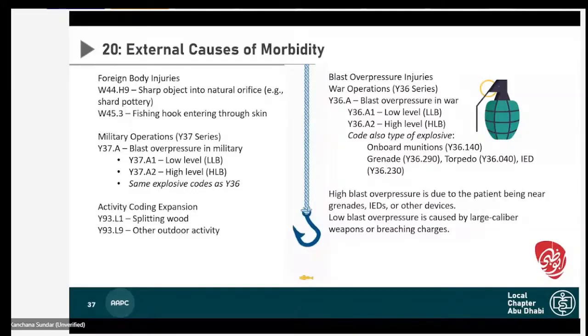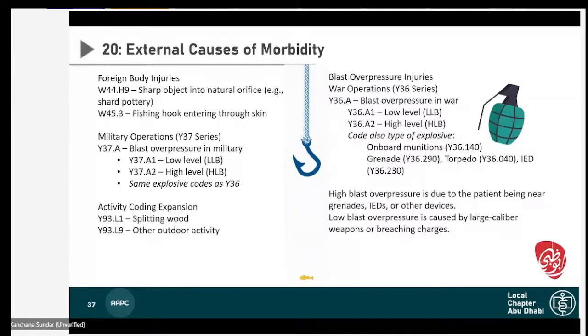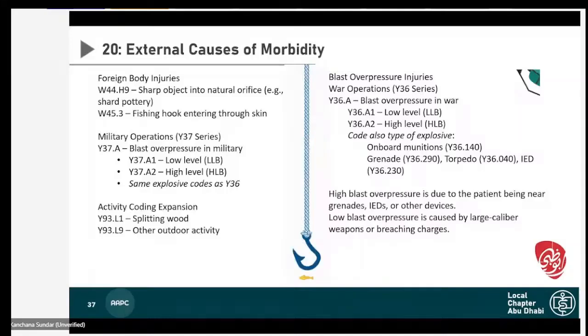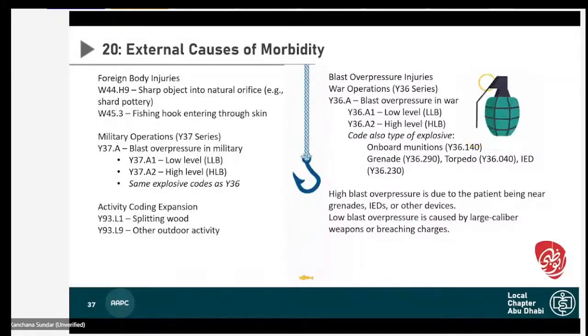When we go and look into it, it means the patient being near the blast or a little further. And low blast overpressure is caused by large caliber weapons and breaching charges. So this is all about the external cause morbidities. Very happy to see that only few changes are there in the external causes, because all these years we saw tons of changes with the external causes of morbidity.